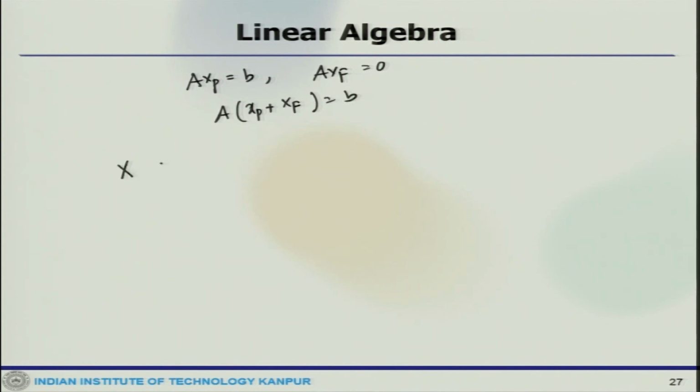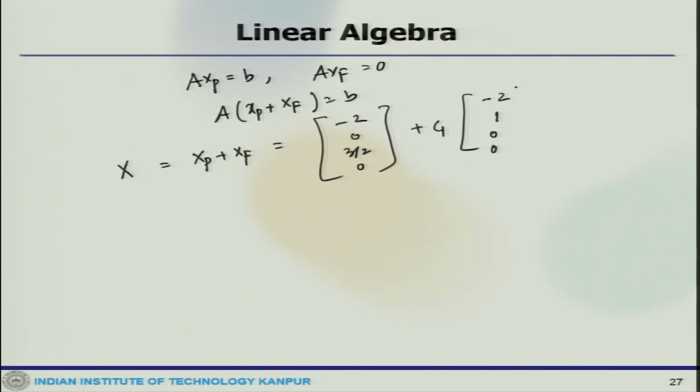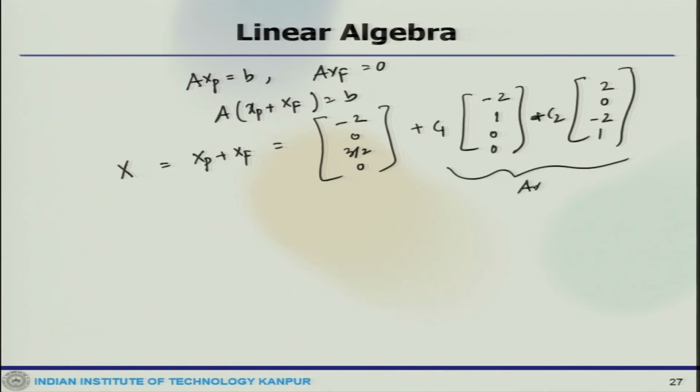So, A(xp plus xf) should be b. The complete solution would be xp plus xf, which is minus 2, 0, 3 by 2, 0, plus C1 times minus 2, 1, 0, 0, plus C2 times 2, 0, minus 2, 1. The first one we get by setting free variables to zero, and the other by setting Ax equals 0.